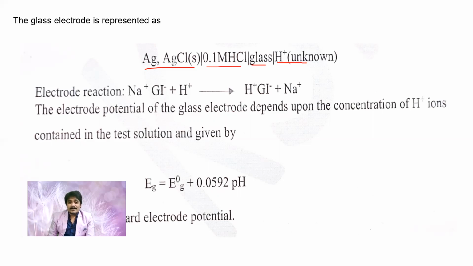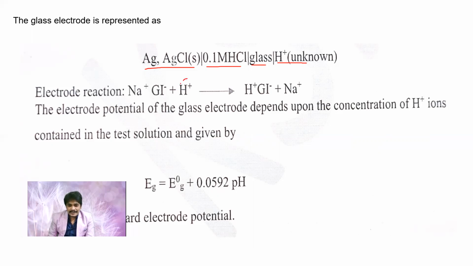What is that? I have already discussed that during the electrode reaction of this glass electrode, whatever H+ ions are a part of the internal solution, that is the 0.1 molar HCl solution, those H+ ions replace sodium ions of the glass bubble. The glass bubble is made up of a 0.1 mm glass membrane with replaceable sodium ions.